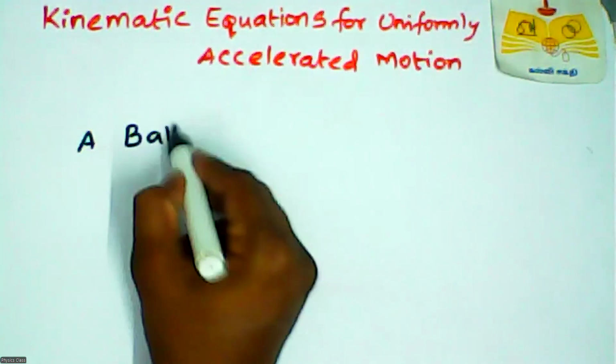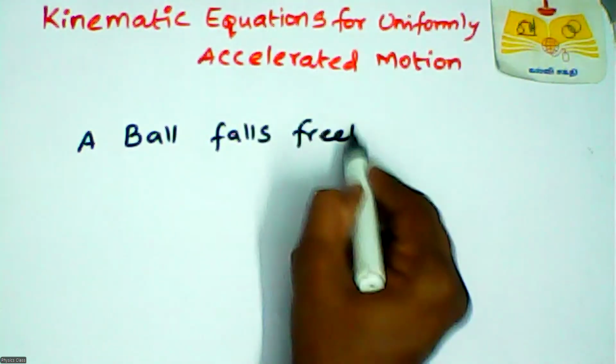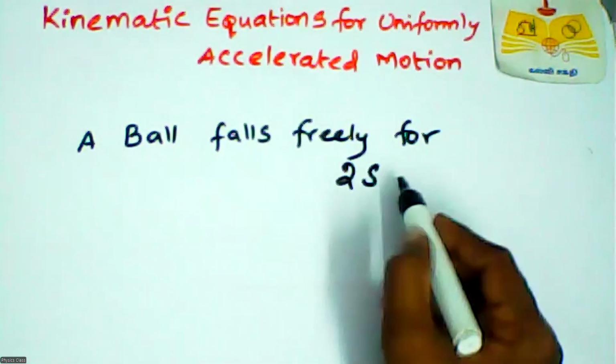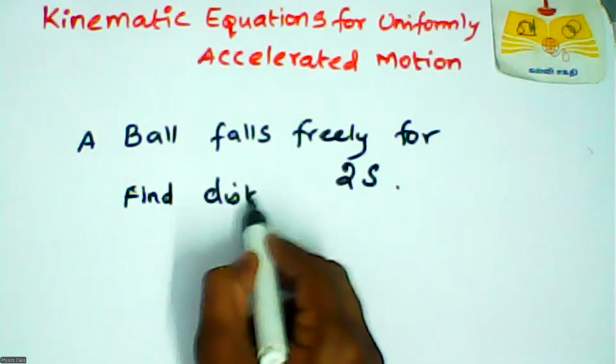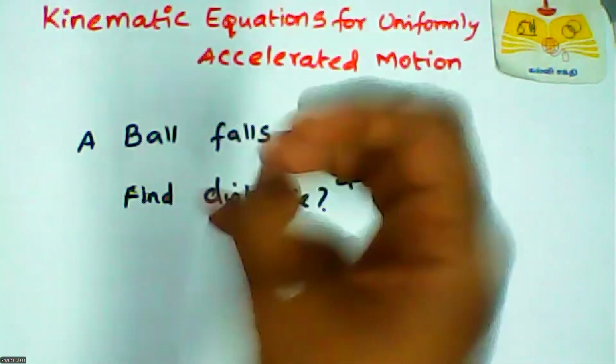A ball falls freely for 2 seconds. Okay, this is the question. Find the distance. Please work out that sum and tell me the answer. A ball falls freely for 2 seconds.